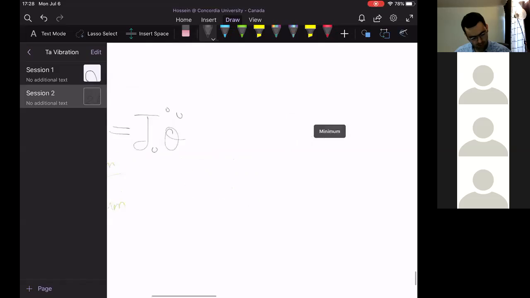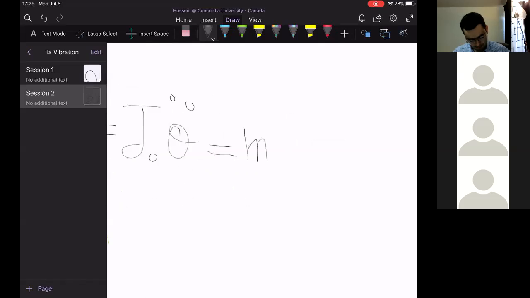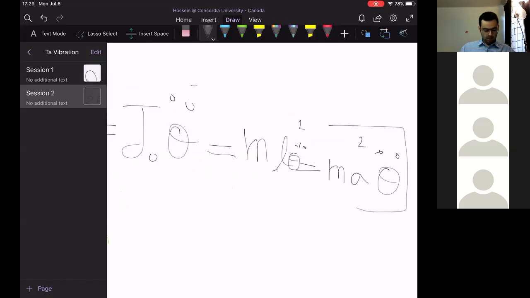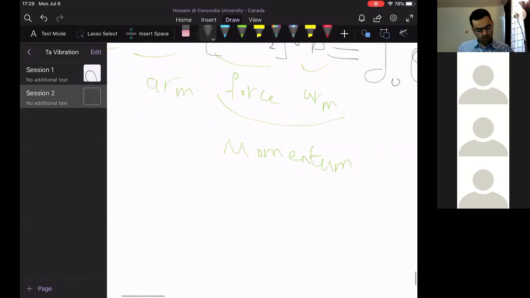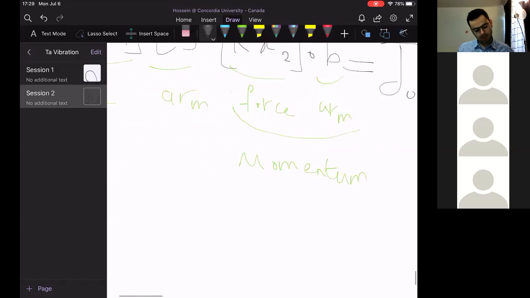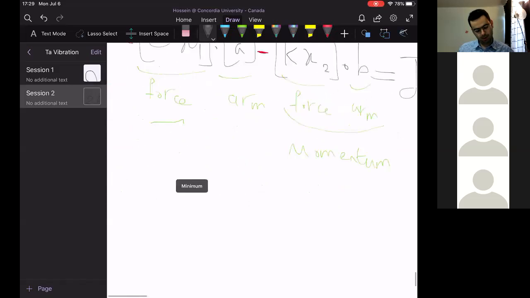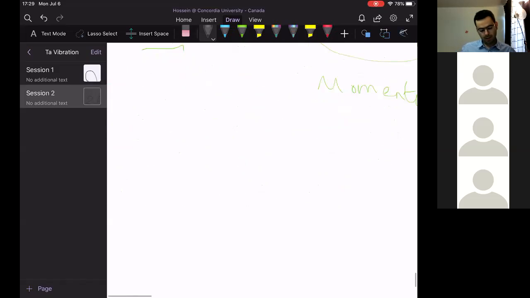J is nothing but m L squared. L is a, right? So m a squared multiplied by theta double dot, right? You have to manipulate this relation and simplify. By simplifying this relation, we could reach this point.